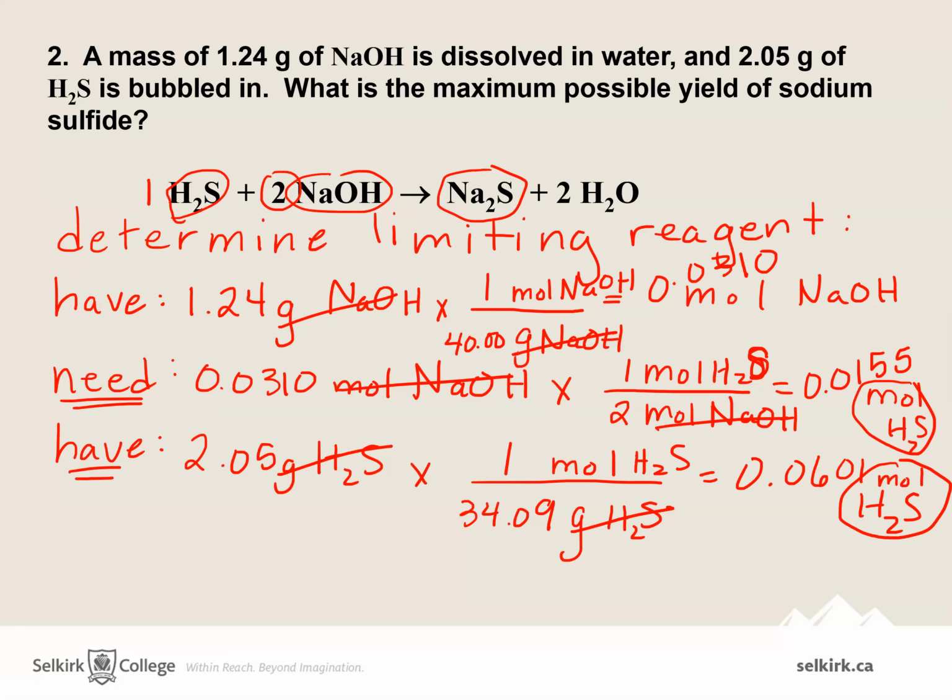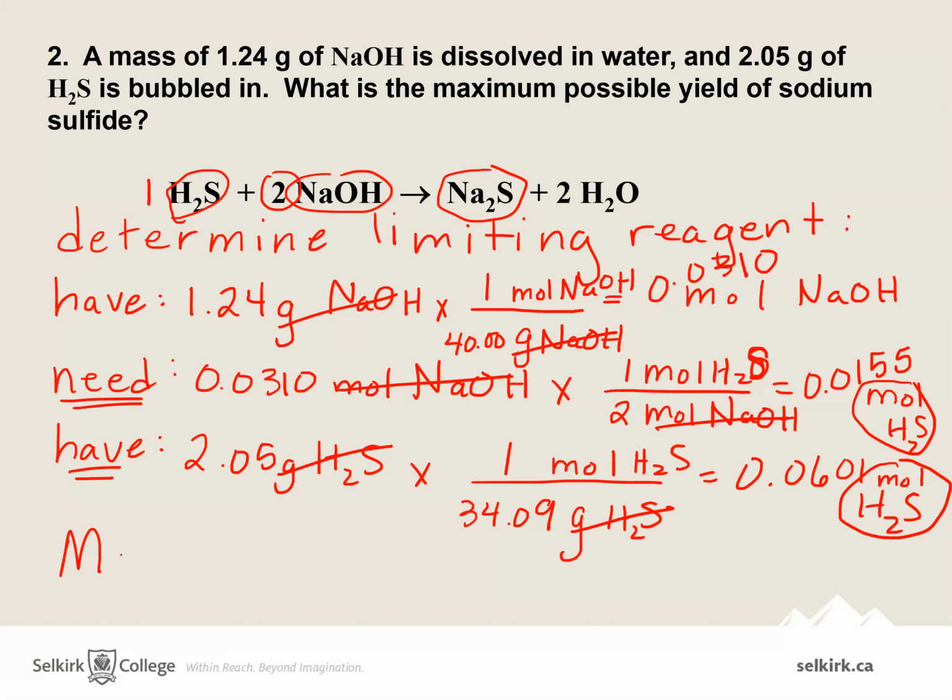We've been rattling along mechanically for a while now. Let's pause and bring our higher level chemical judgment back. I would need 0.0155 moles of H2S to use up all that sodium hydroxide. And I have more than that. I have more H2S than I need. That means the H2S is in excess.